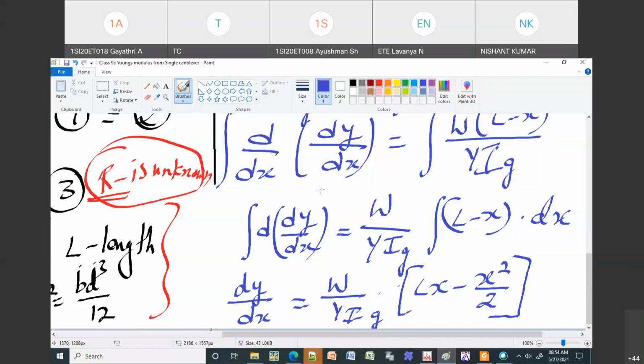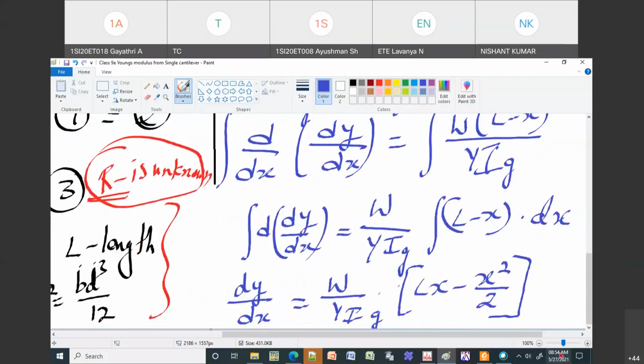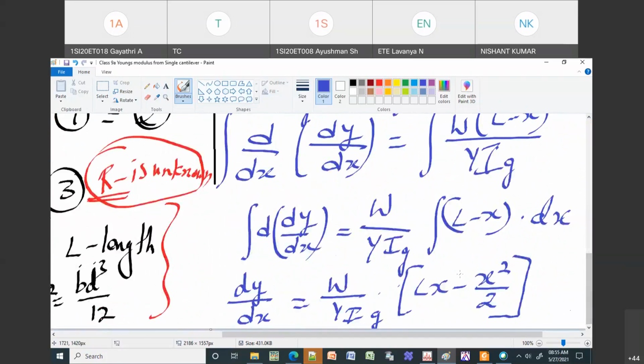I need only about 10 more minutes, but it would not be good for the next class. So just practice this. When I start the class, I will explain up to this point, then we will go on with the rest of the derivation.